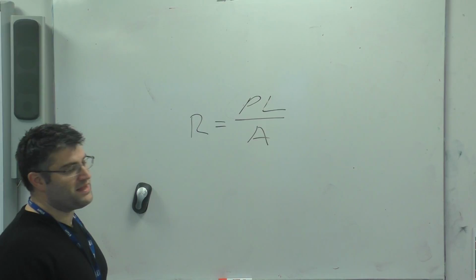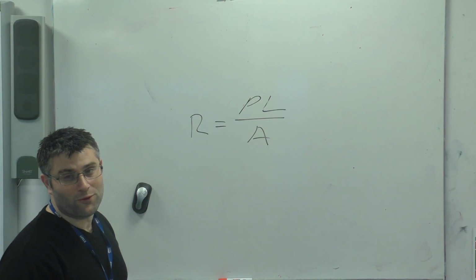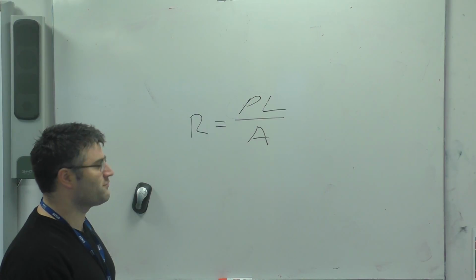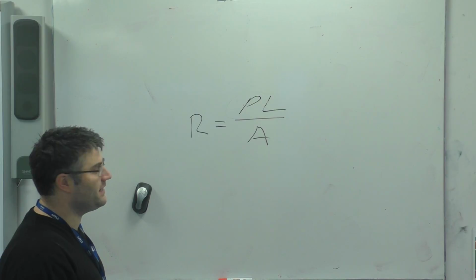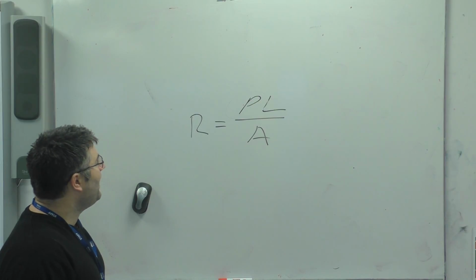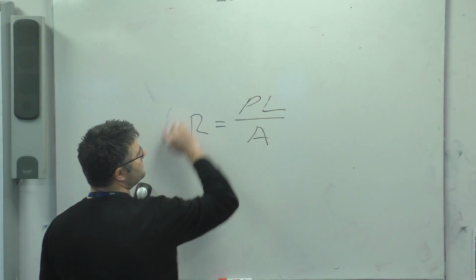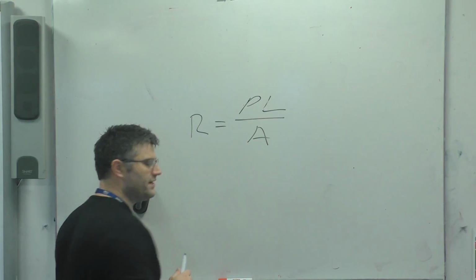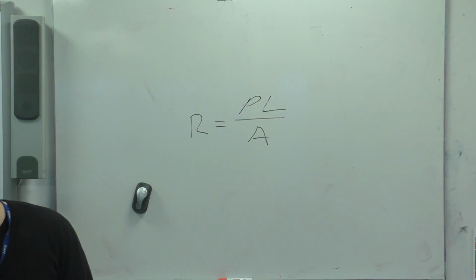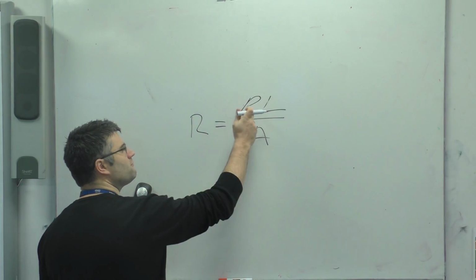It's been used for momentum, it's been used for density, and now we're using it for resistivity, and obviously not to confuse it with the normal non-slanty P of pressure. Okay, so this is a nice equation. You'll find this in your data sheet, but you do need to know all of these different terms. So what's the unit of resistivity?